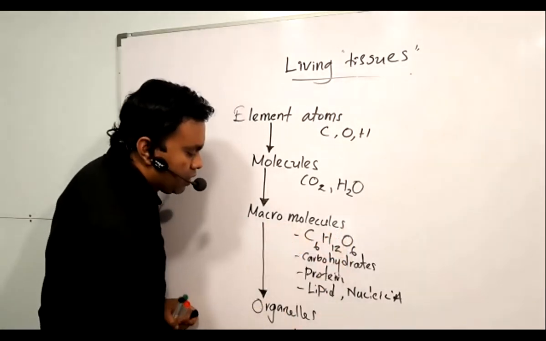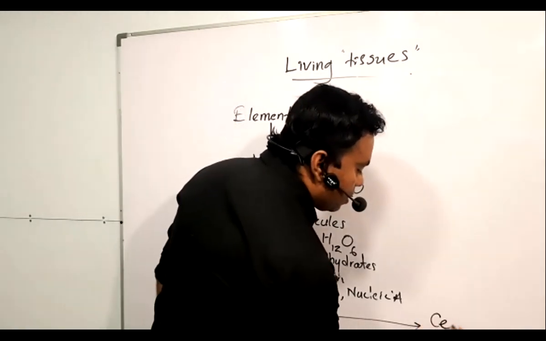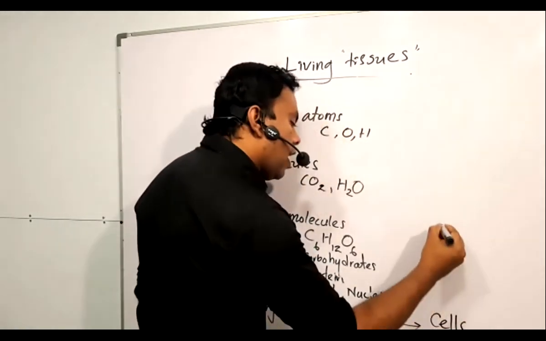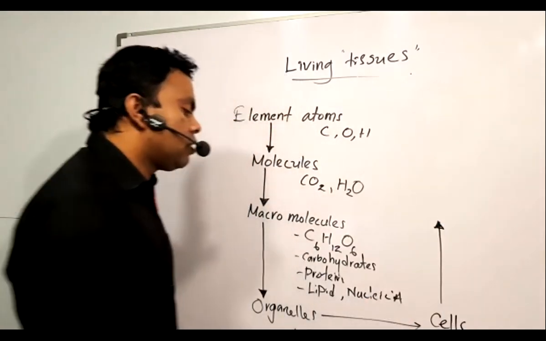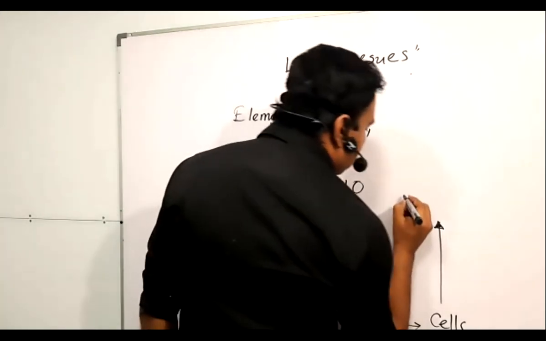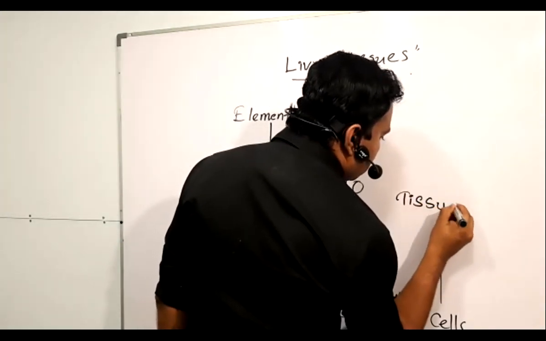Macromolecules and organelles. So these organelles combine together to form cells, living cells, and these living cells are combined together to form tissues.